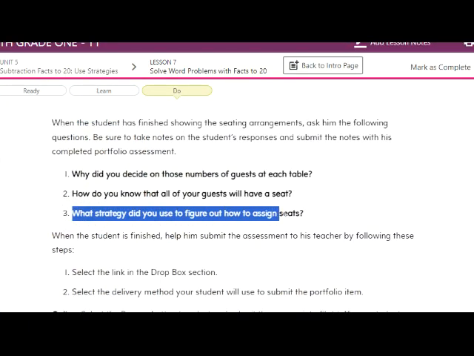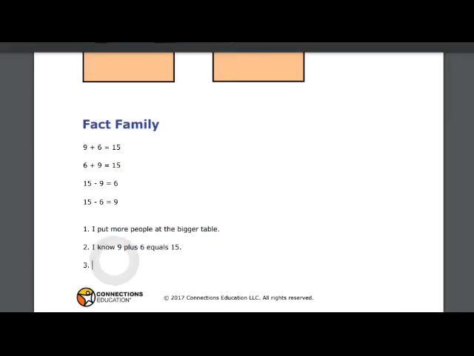Number 3 says, what strategy did you use to figure out how to assign seats? So how did we figure out, after we decided on 9 at the bigger table, that there would be 6 at the smaller table? I used the count on strategy. I started with 9 and then I counted on until I got to 15. That ended up being 6.